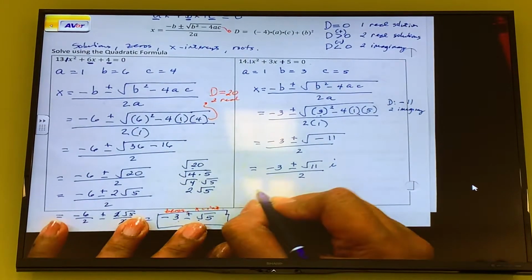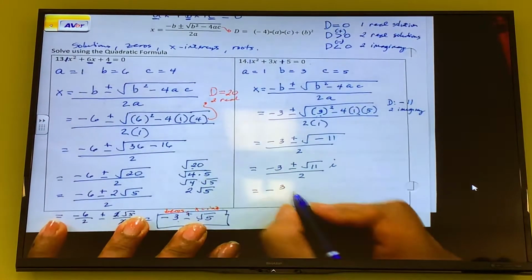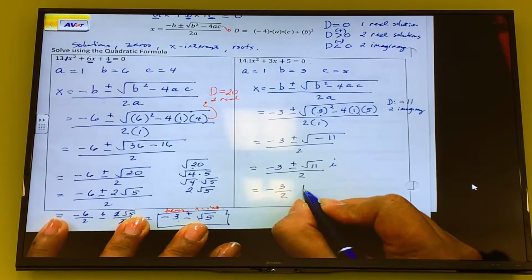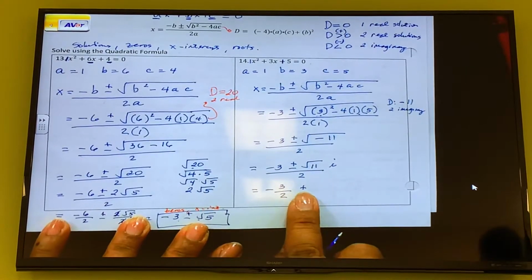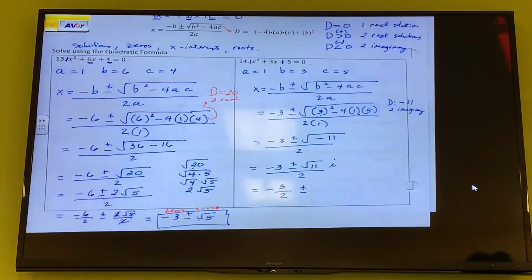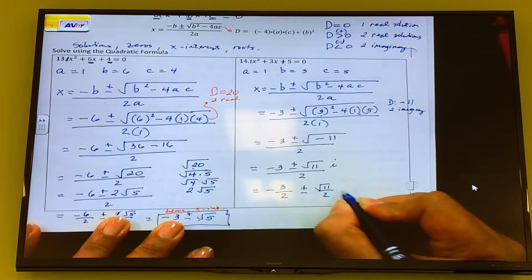So that means it'll be negative 3, which is the real number part, over 2, plus or minus. One answer will be the one with the plus sign, the other answer will be the one with the minus sign. And this will be square root of 11 over 2 and i.